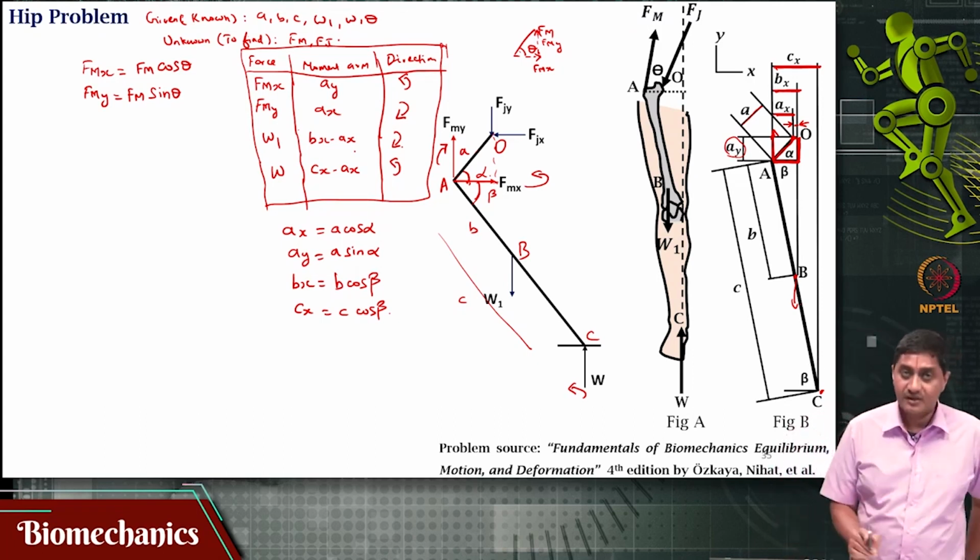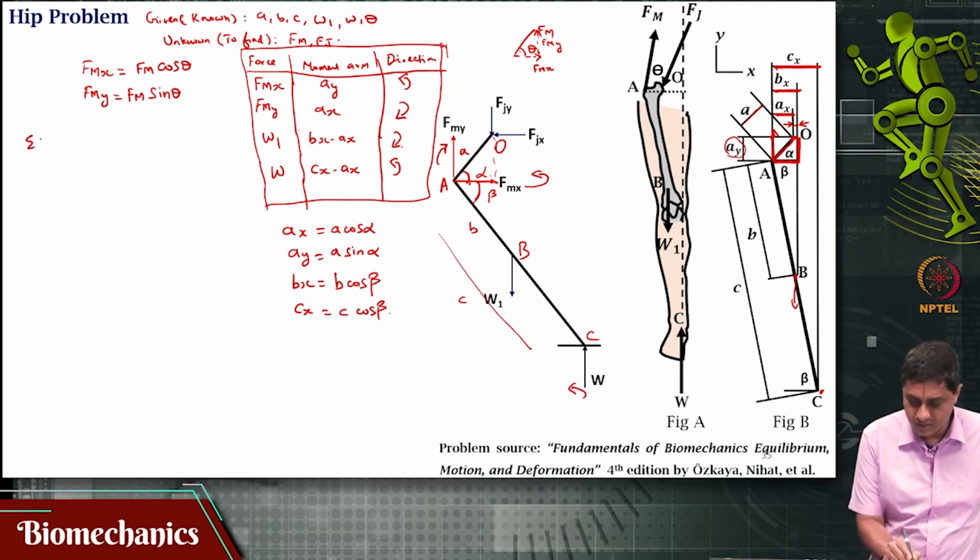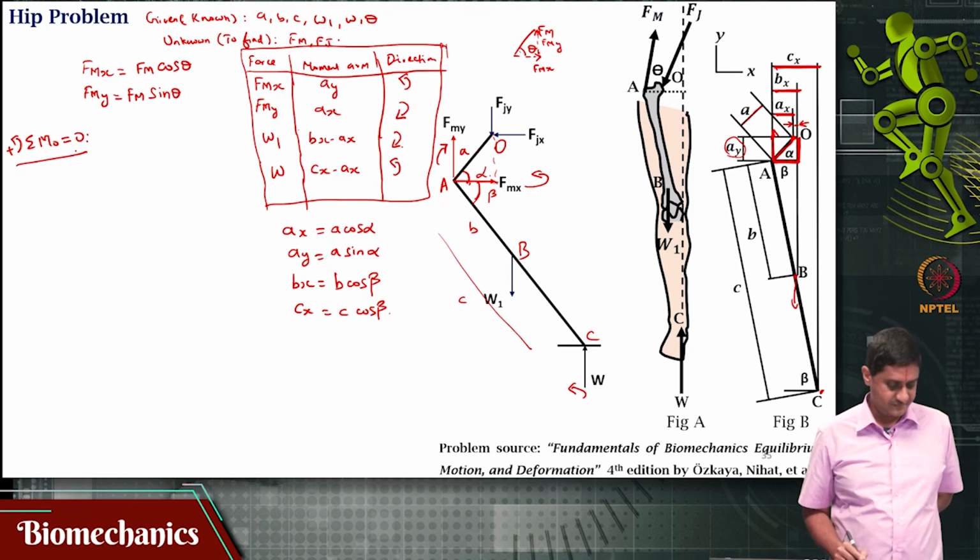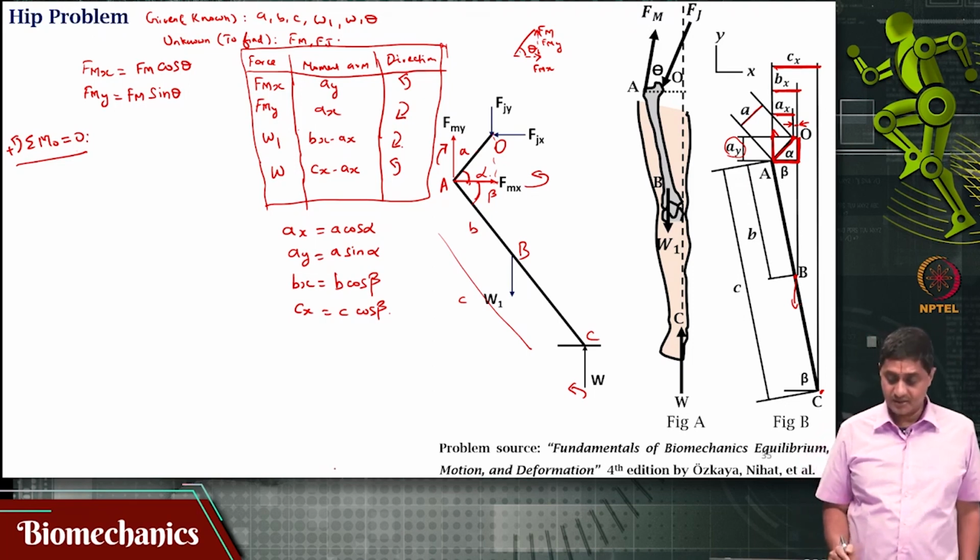Now I am writing out the equation sigma M is equal to 0, counterclockwise is considered positive. That is the equation I am writing. What would that be?